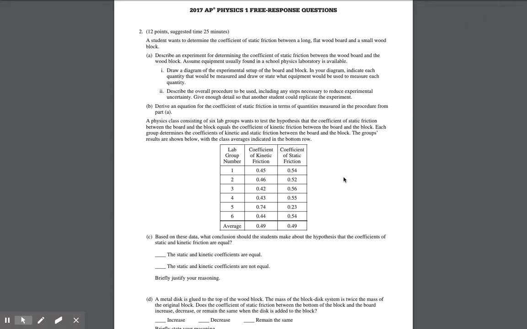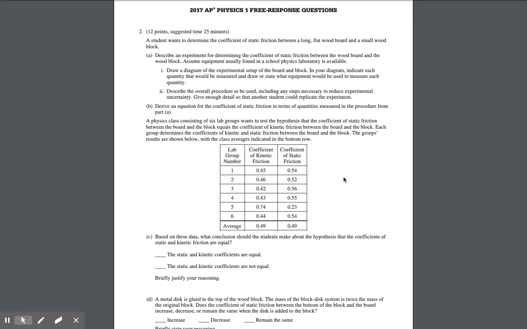Step 2, measure blank. Okay, so you have to create a procedure that another student could follow. So diagram, label the quantities in the diagram, come up with a procedure on how you'd find mu of the surface.